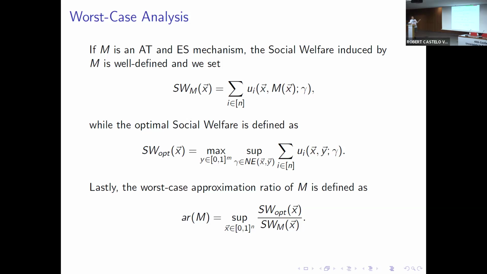And finally, once we define what is the social welfare of the mechanism and what is the optimal social welfare, we can of course define the approximation ratio of the mechanism, which is the maximum ratio between what you can obtain using the optimal solution and whatever the social welfare of the mechanism actually is.